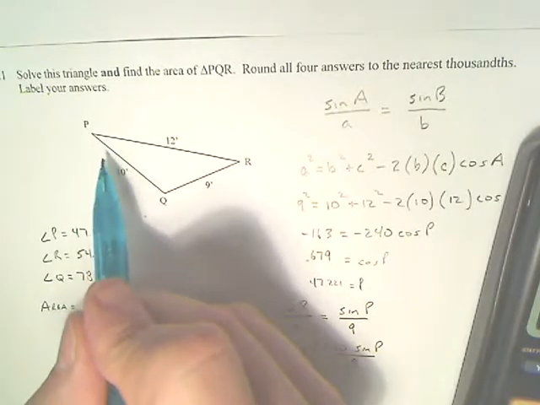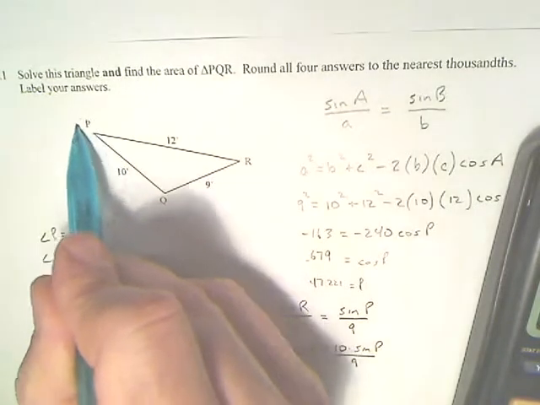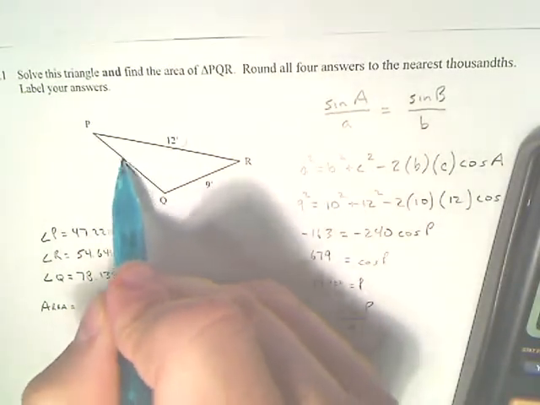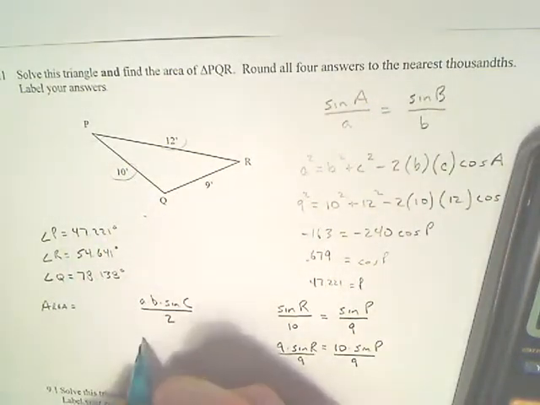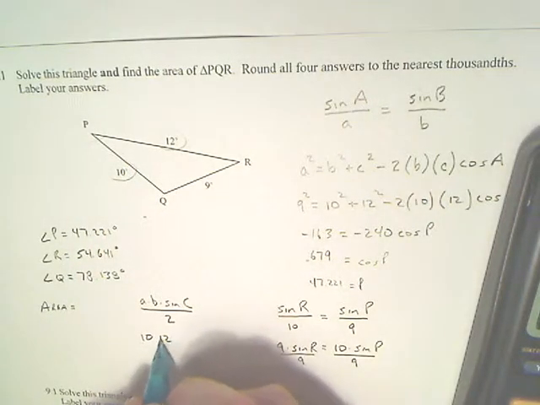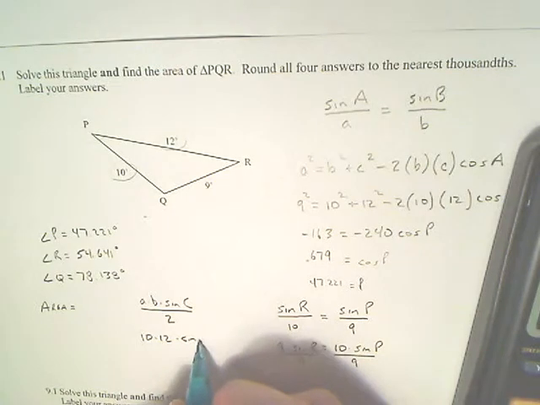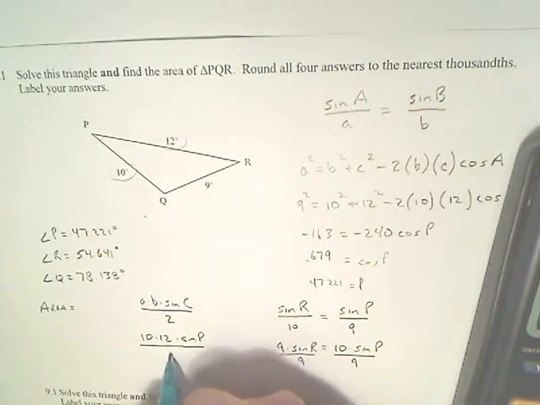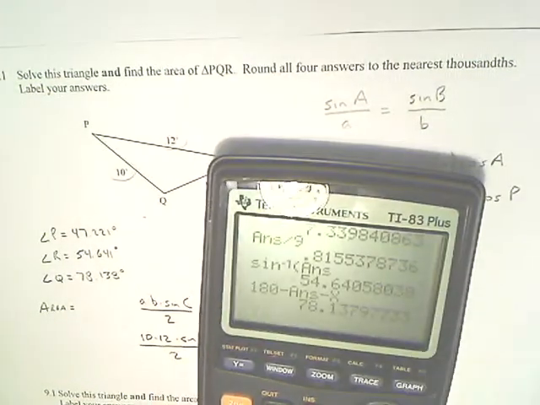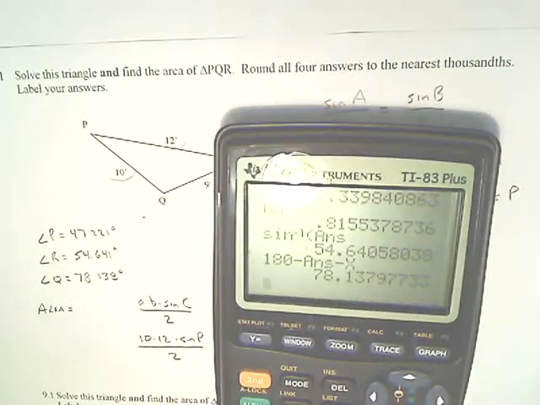Now I already have angle P stored on my calculator, so I'm going to use that angle and the two sides right around it. I'm going to punch 10 times 12 times sine of that angle P divided by 2, and I'll have the area. 10 times 12 times sine of the angle in between them, which was P, which I have stored for X. Close that.